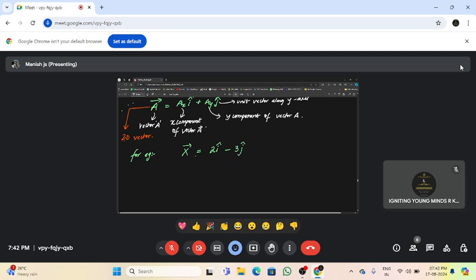Okay, 2i cap minus 3j cap. Now, who can tell me what is the x component of this vector? It's easy to identify. You just need to interpret the data from the given vector. So tell me what is the x component and what is the y component.